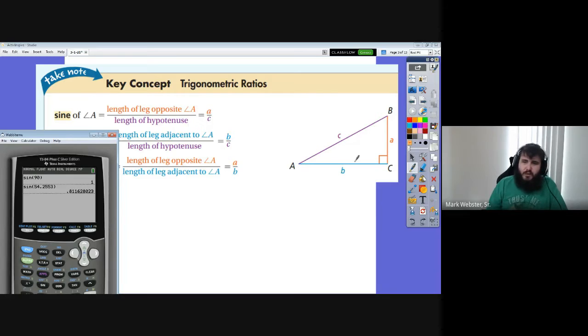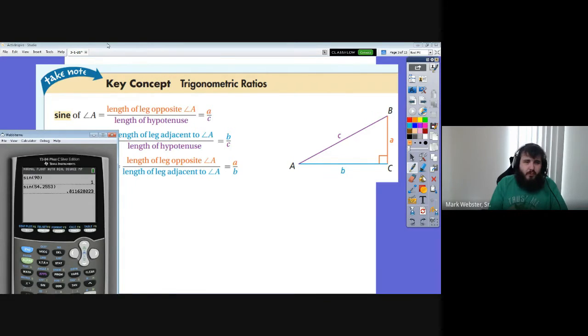A 54-degree angle always has the side lengths in a certain proportion. A 92-degree angle is going to have all the side lengths in a certain proportion. A 21-degree angle is going to have all the side lengths in a certain proportion. That's what these are talking about.